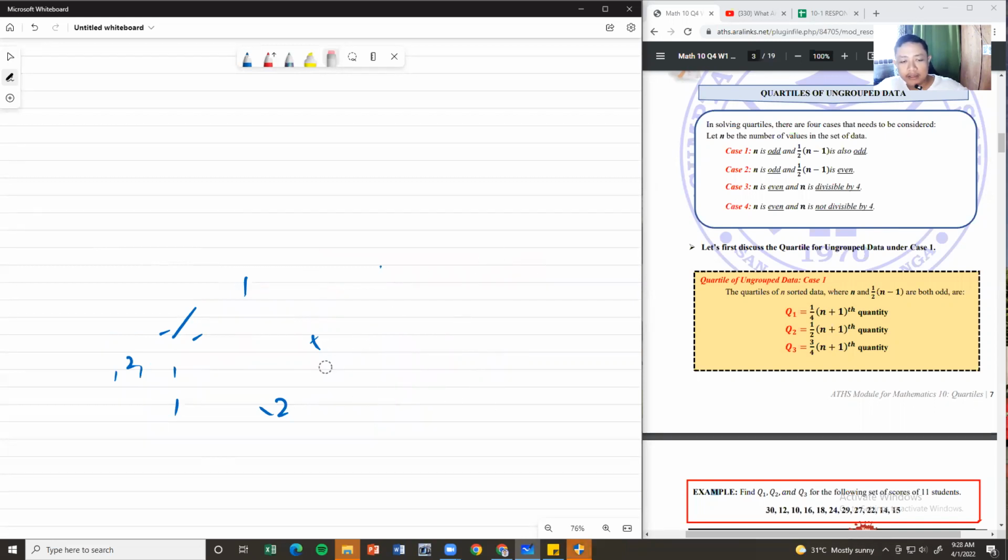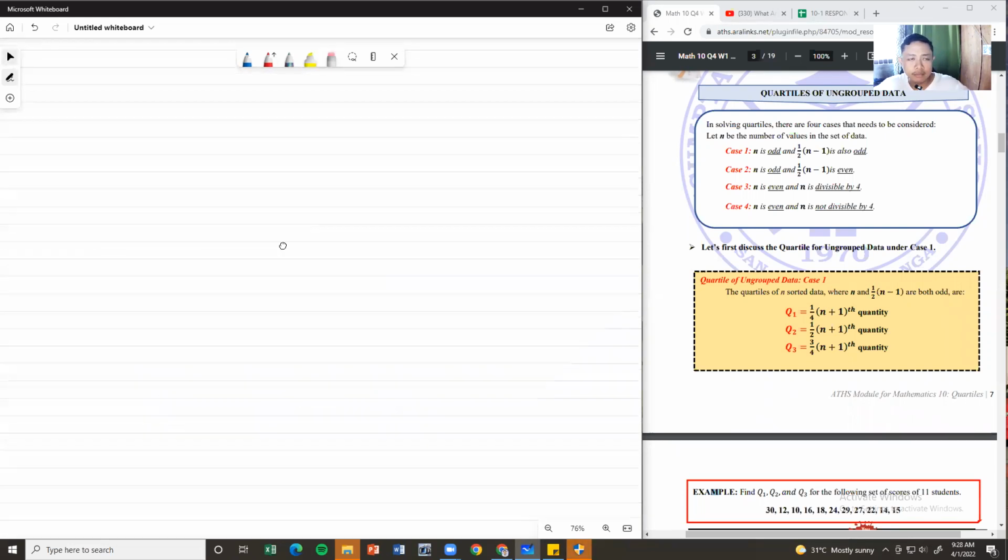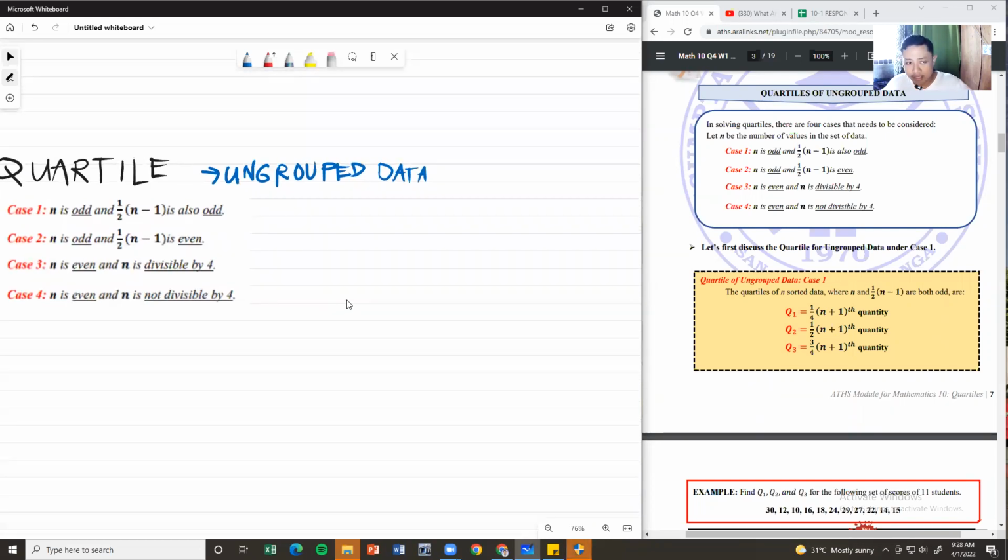What if, for our next case, the number of items or data is odd, however, when we do the formula, we get an even number as the result? How is that? Let's have this as an example.